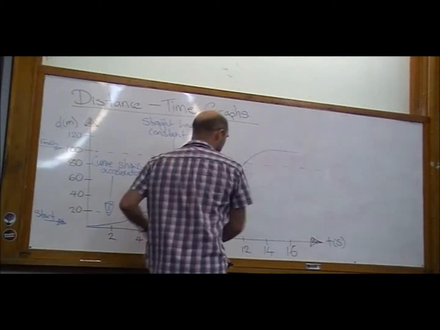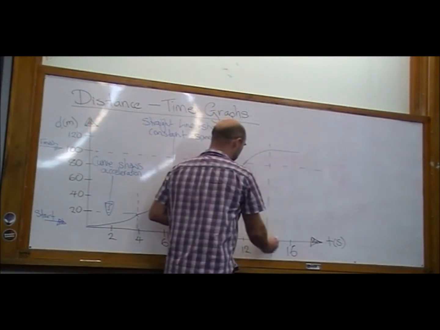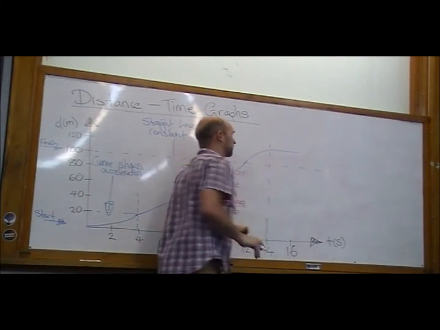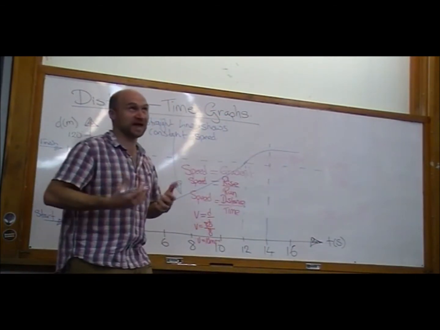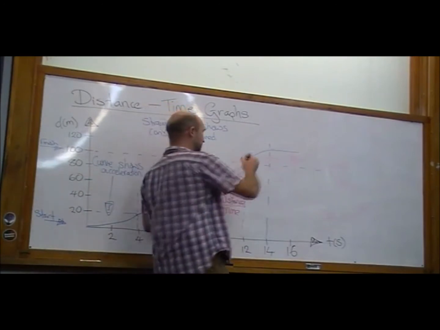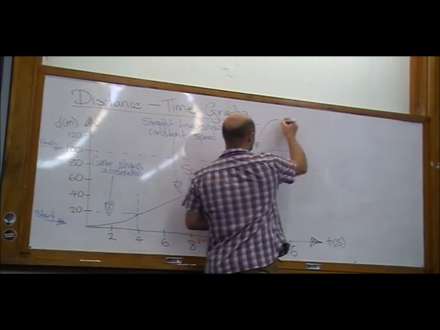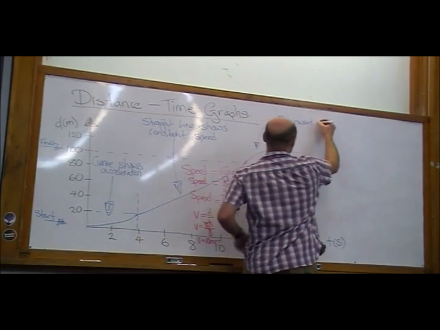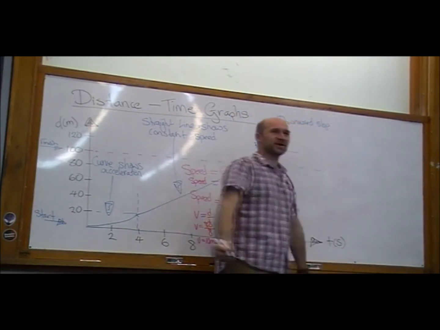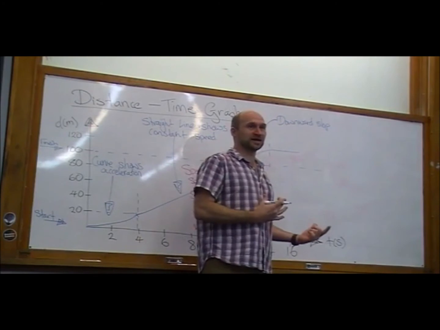In the next section of the graph, we can see the downward sloping curve. That shows deceleration, or we call it acceleration, but slowing down. Deceleration is a word that comes up only in level 1 science.